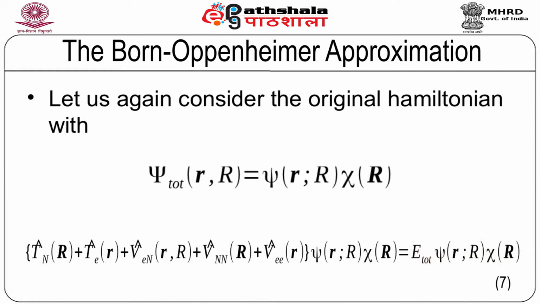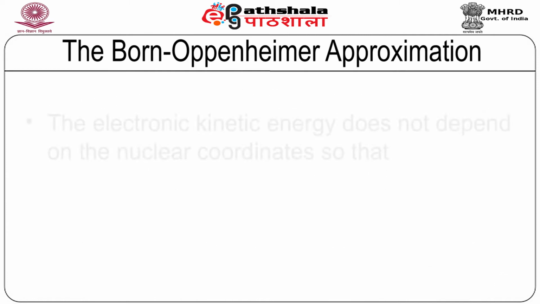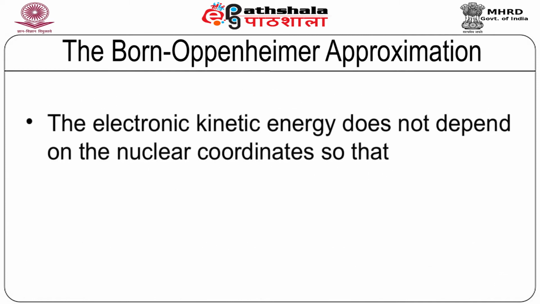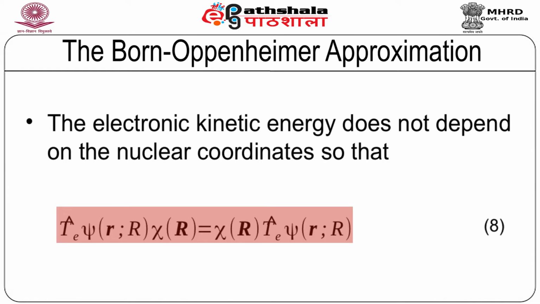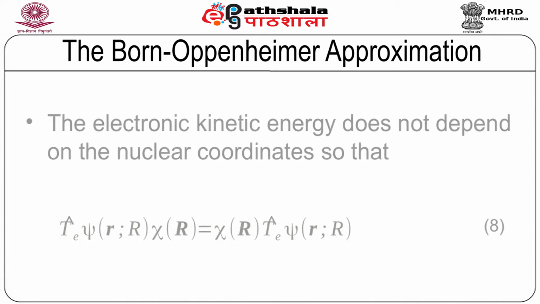If we now allow the nuclei to move, albeit slowly compared to the electrons, we cannot formally neglect the nuclear kinetic energy terms. The electronic kinetic energy does not depend on the nuclear coordinates, so that Te ψ(r,R) χ(R), where Te is the electronic kinetic energy operator, can be written as χ(R) Te ψ(r,R).